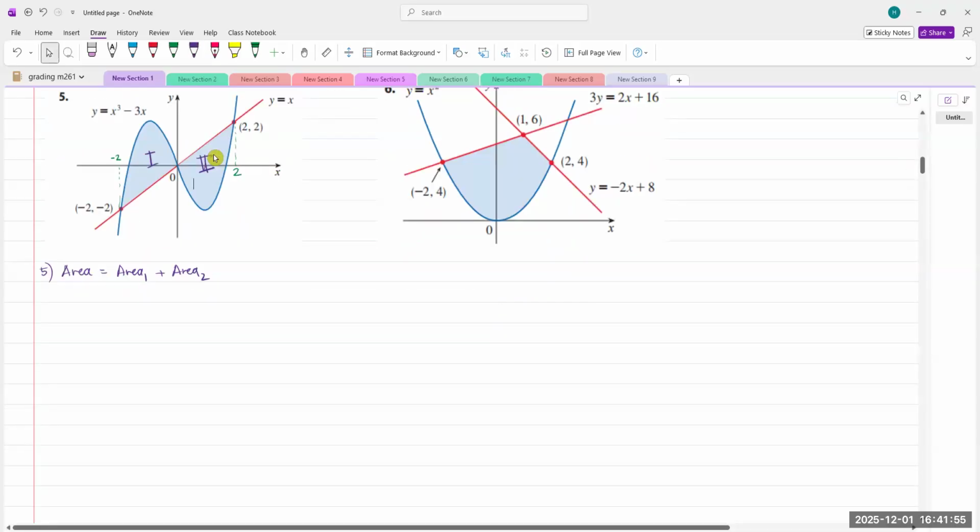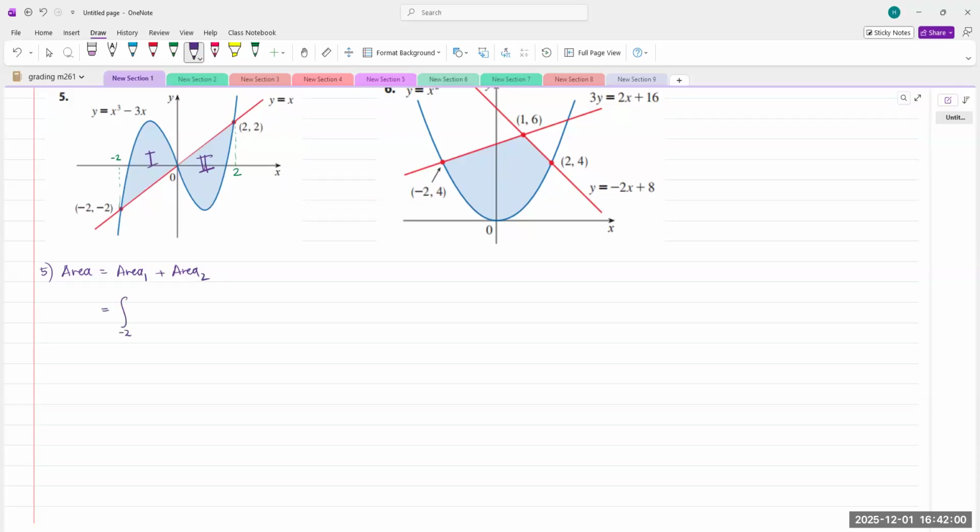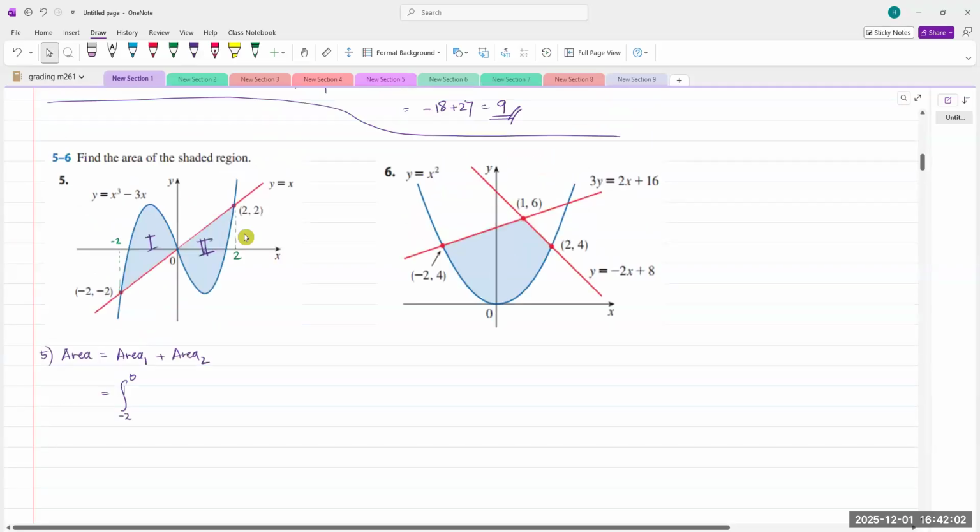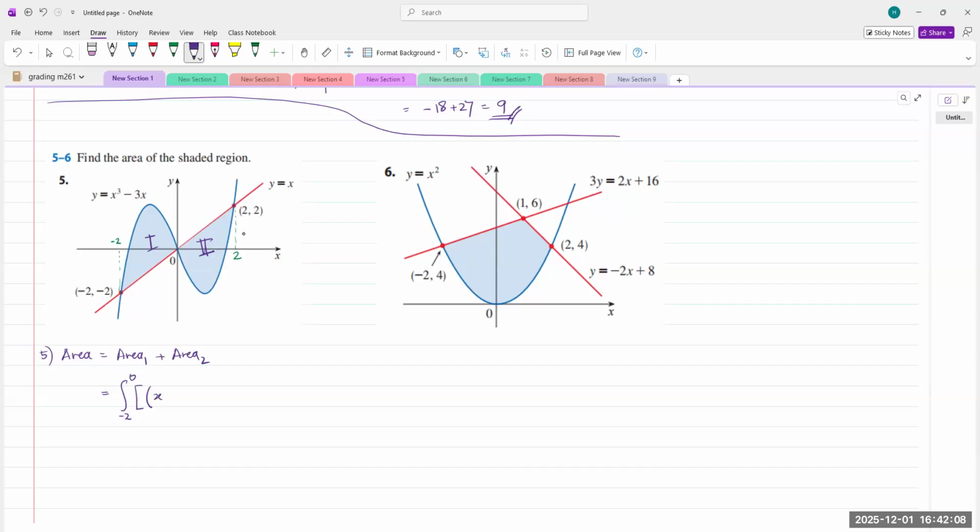Now for area 1, it will be the integral from -2 to 0 of the top function, x cubed minus 3x, minus the function below, y equals x, dx. That's area 1. Plus the integral from 0 to 2 for area 2. I'm sorry, from 0 to 2, not 0 to 3.